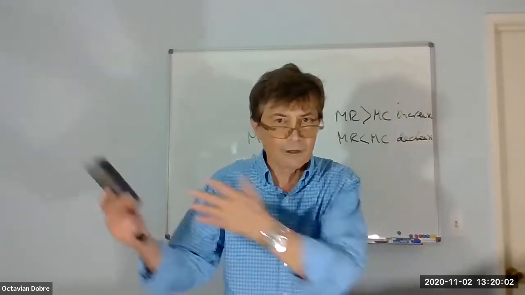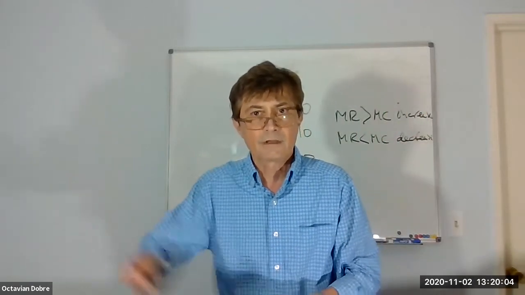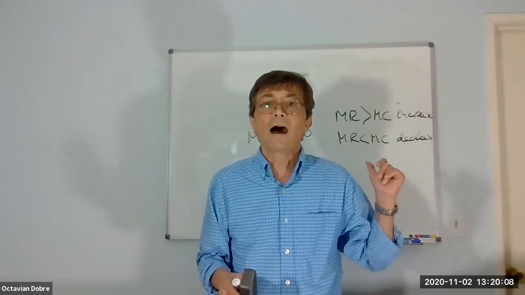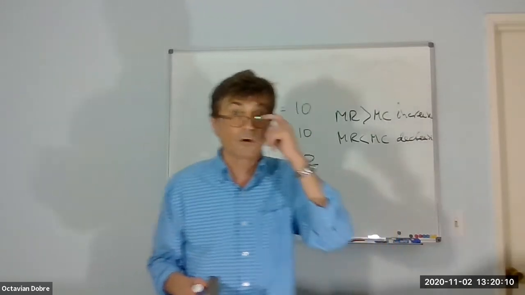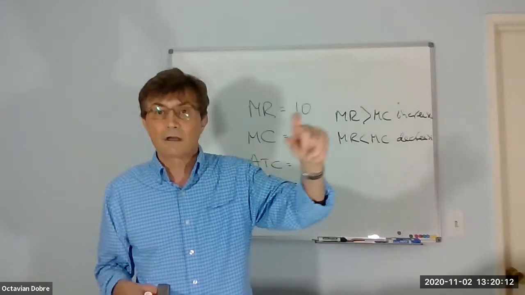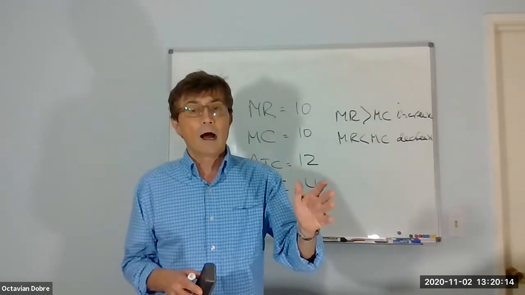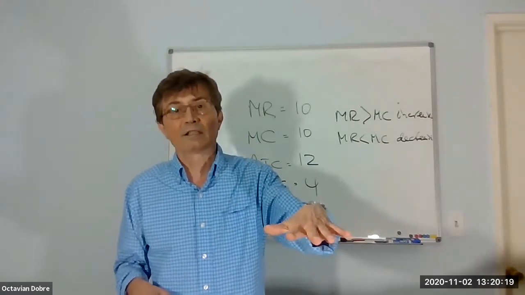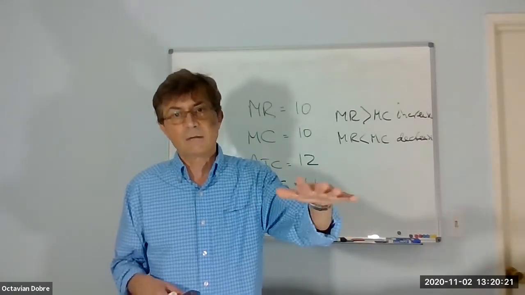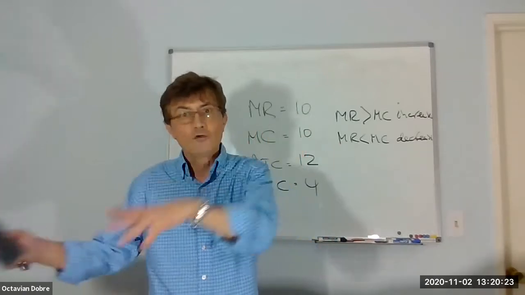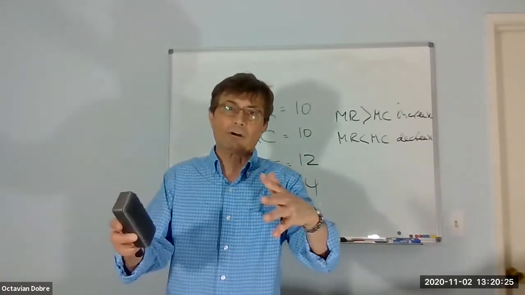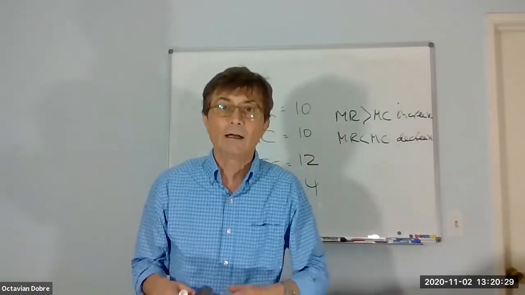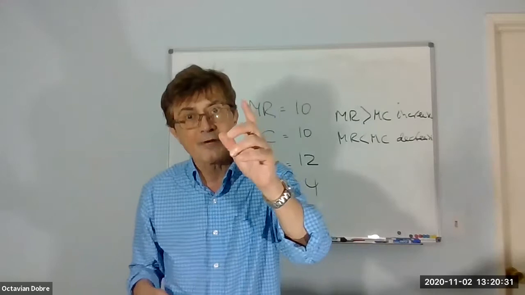You would be foolish to stay in business forever, just until the end of the lease. You're losing actually $2 per unit. But since you're covering the variable cost, you're better off staying in business and using whatever is left over after you paid all the variable cost, using that to pay some of the fixed cost. Not all of it, but some of it.